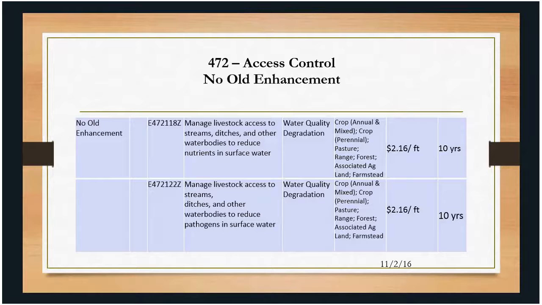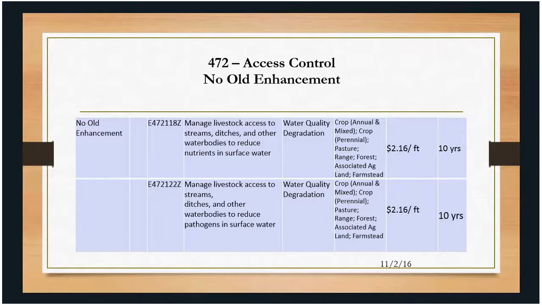Okay, with that, 472 access control practice. There are no old enhancements that these are replacing. These enhancements are brand new. They are to manage livestock access to streams, ditches, and other water bodies to reduce either nutrients or pathogens in the surface water.